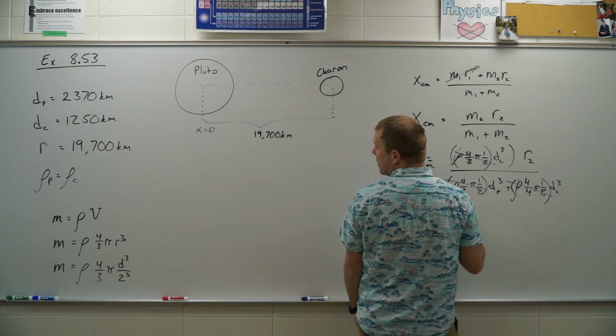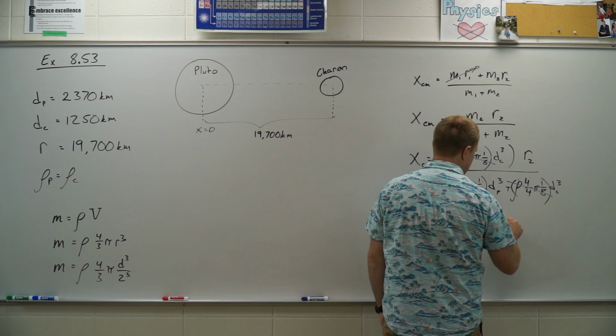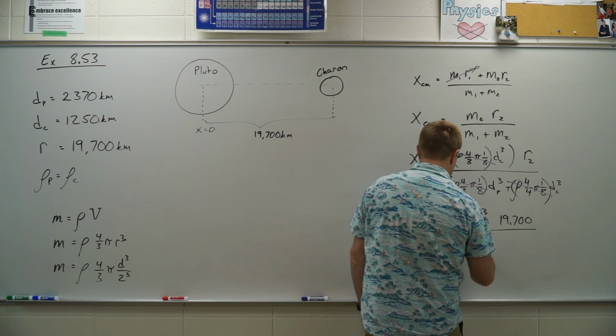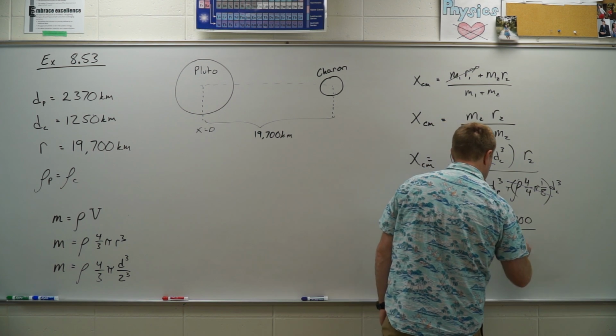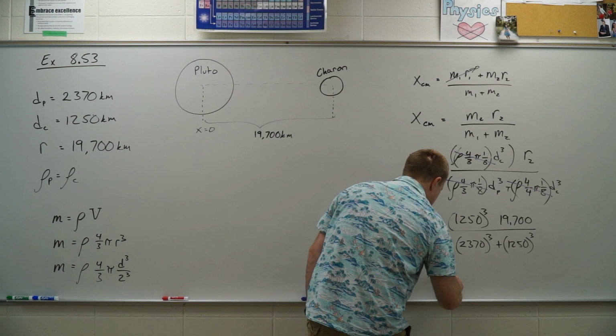So I end up with 1250 cubed times 19,700 divided by 2370 cubed plus 1250 cubed gives me an xcm.